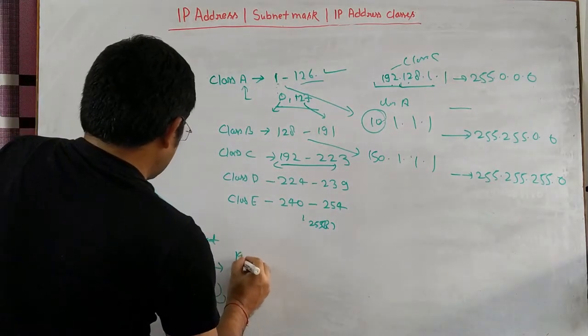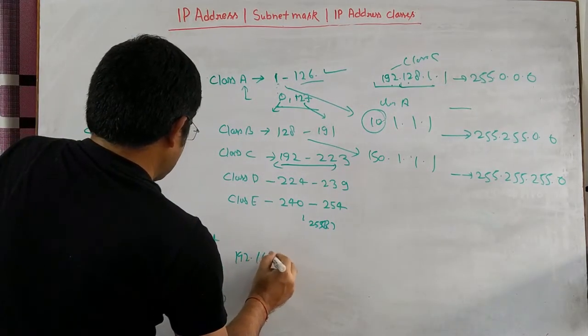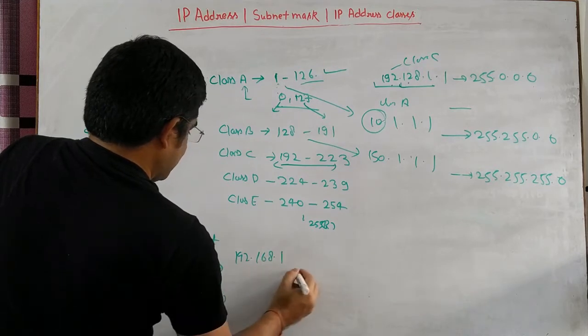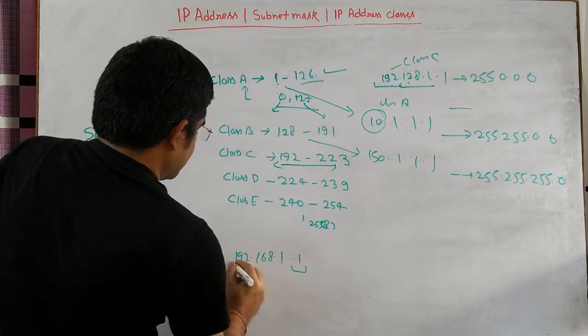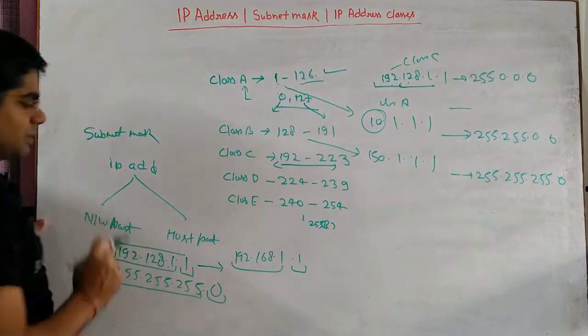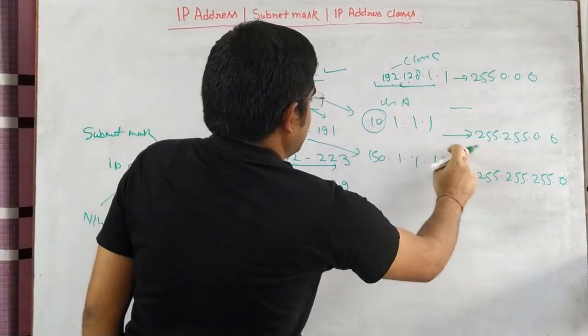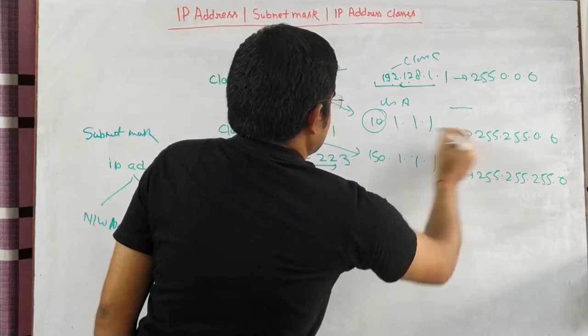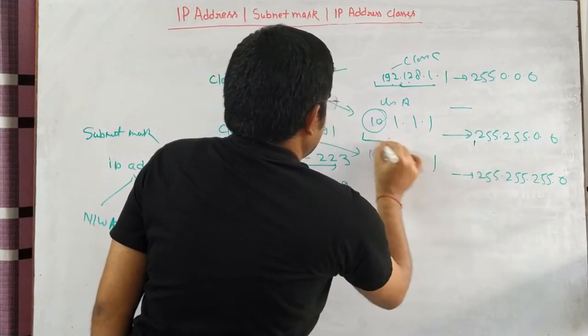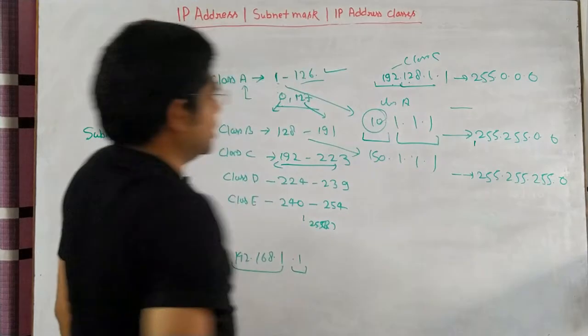So its network portion will be 192.128.1 and the host portion will be this last .1 part. By this subnet mask, if it is a class B or class A address, this will be the network portion and this will be the host portion.